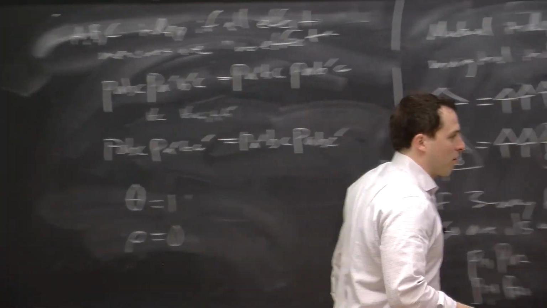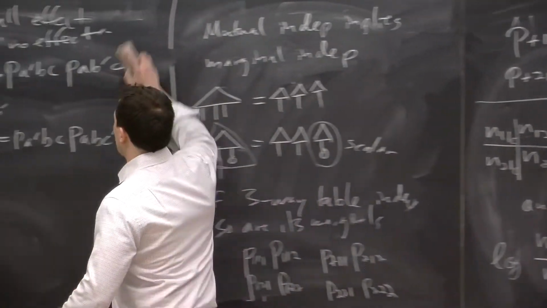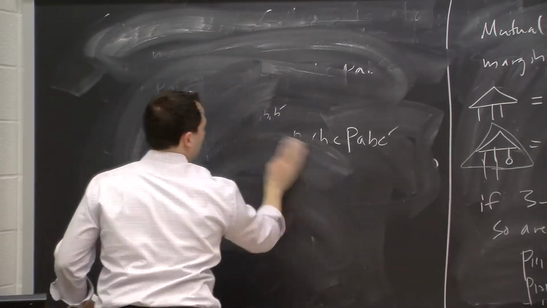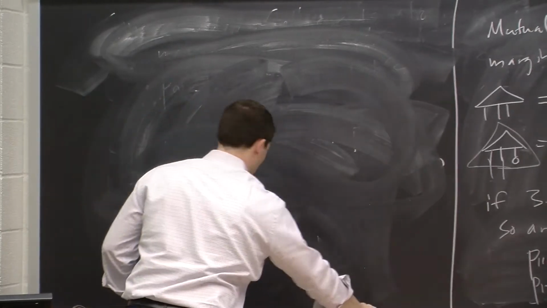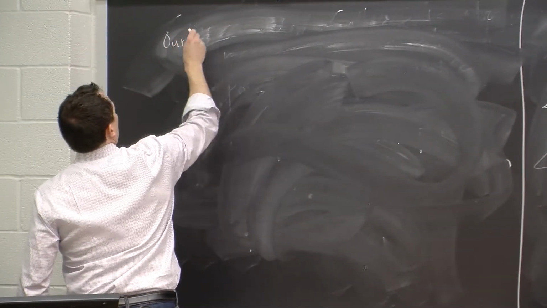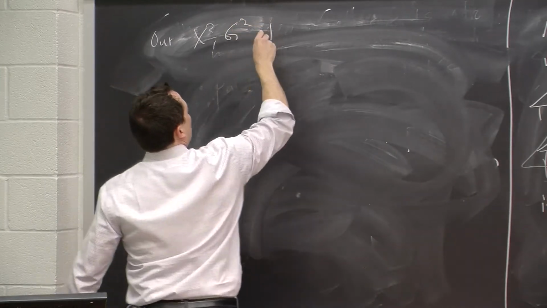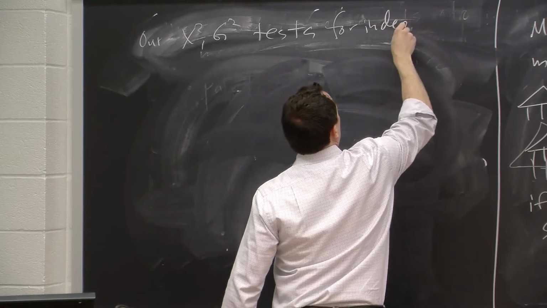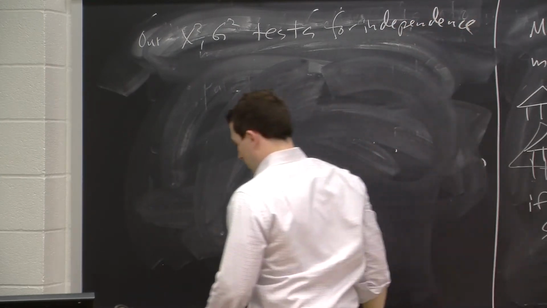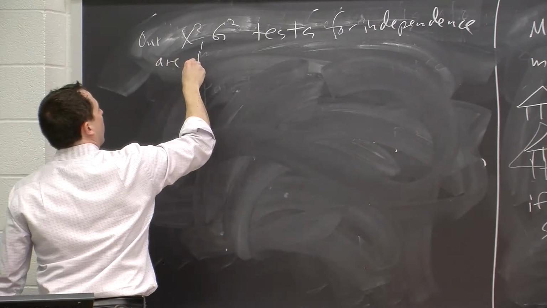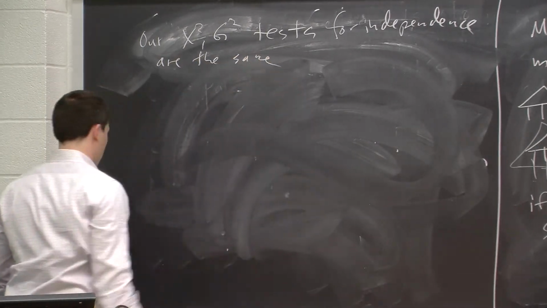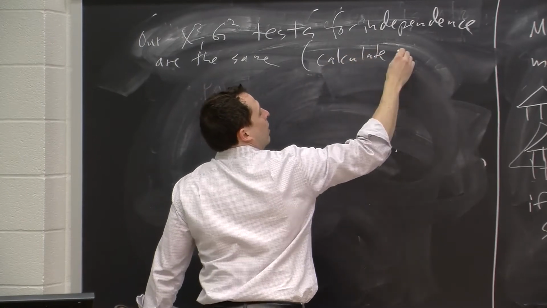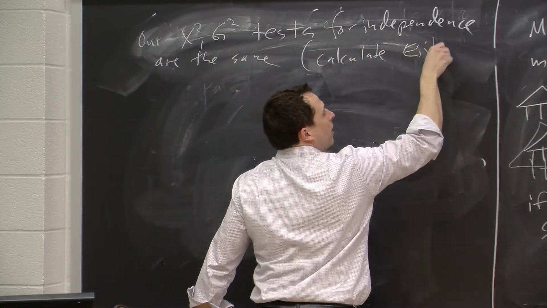And our tests for independence, as this expression suggests, are tests using Pearson or deviance. They are the same, except just that I have to calculate my E_ij differently.